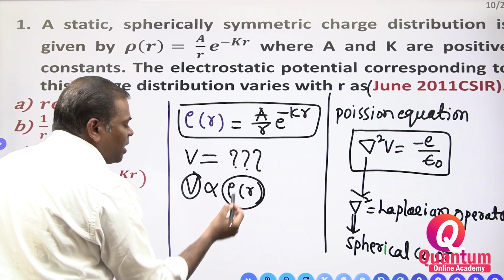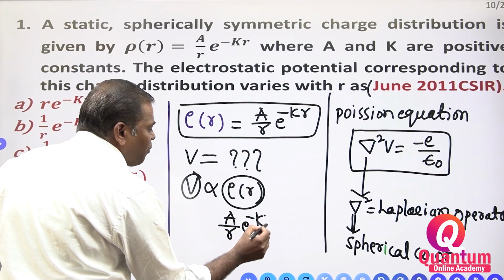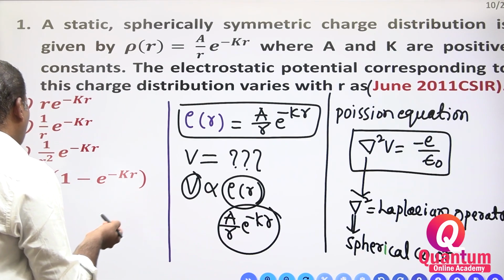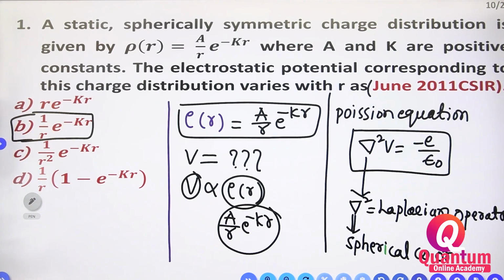Rho of r is equal to A by r e to the power of minus kr, which is already given. So what is our answer? V varies as 1 by r e to the power of minus kr.